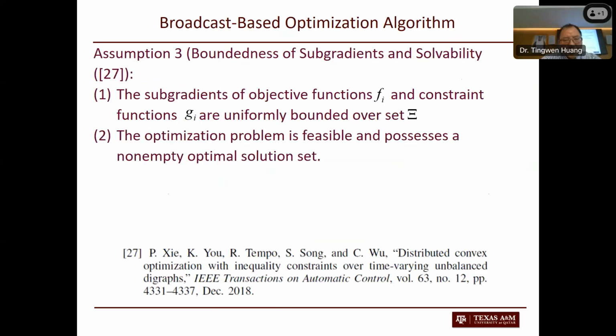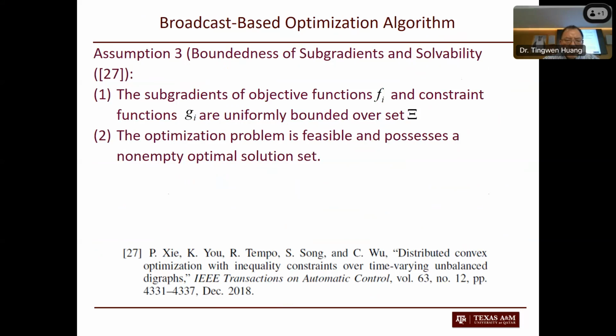Another assumption is about boundedness of subgradients and solvability. This is from the paper published in IEEE Transactions on Automatic Control, written by Dr. Xie and others, with the title Distributed Convex Optimization with Inequality Constraints over Time-Varying Unbalanced Digraphs.